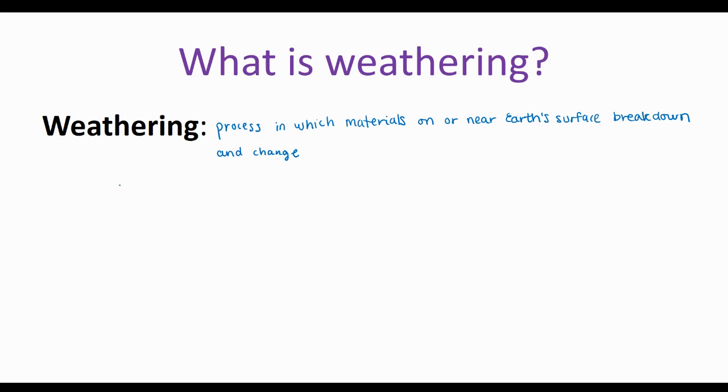There are two types of weathering, and they are mechanical and chemical.